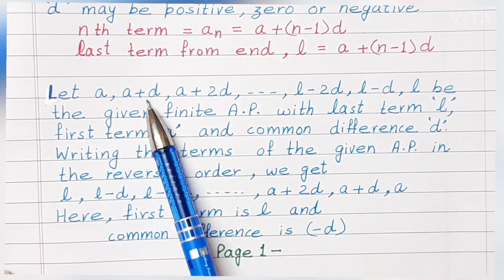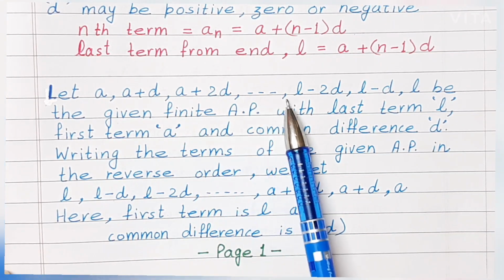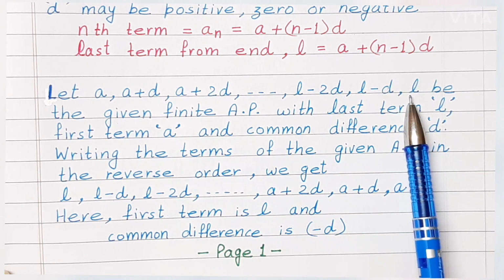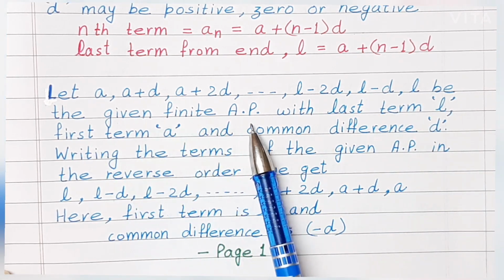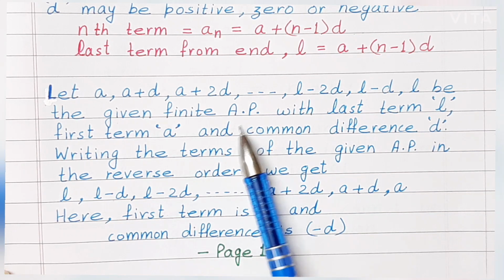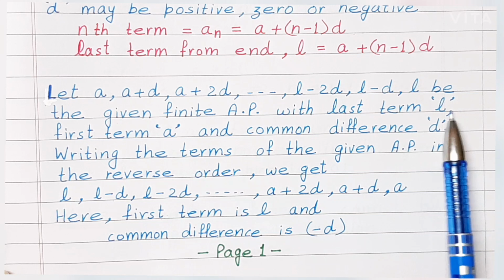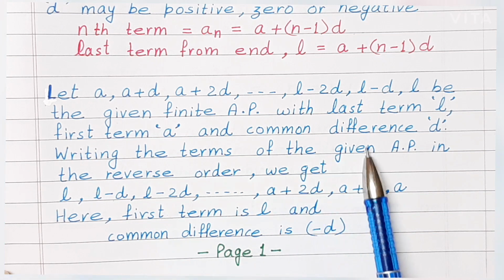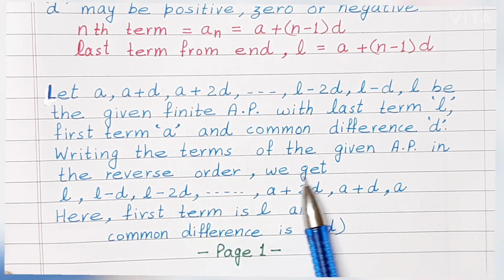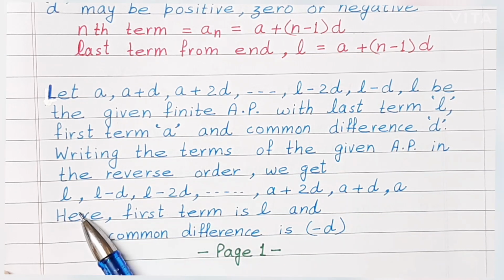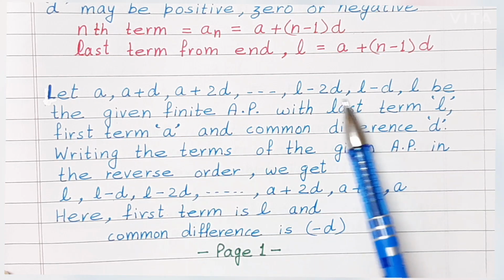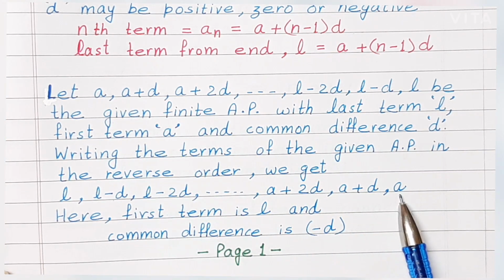Let A, A plus D, A plus 2D and so on, then L minus 2D, L minus D and L, where again L is the last term, be the given finite AP with last term as L. First term is A, common difference is D. Writing the terms of the given AP in reverse order, L will become the first term, L minus D second term, L minus 2D third term, and similarly A will become the last term.